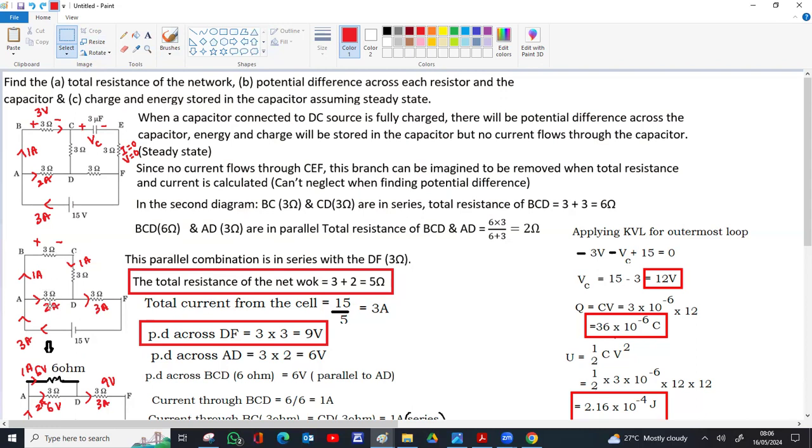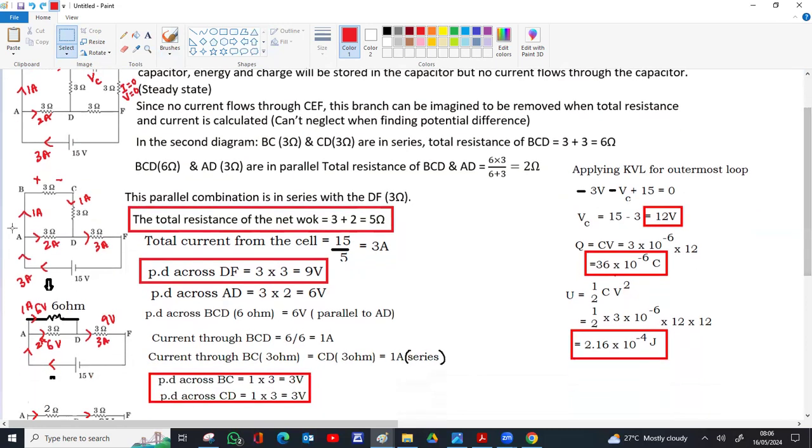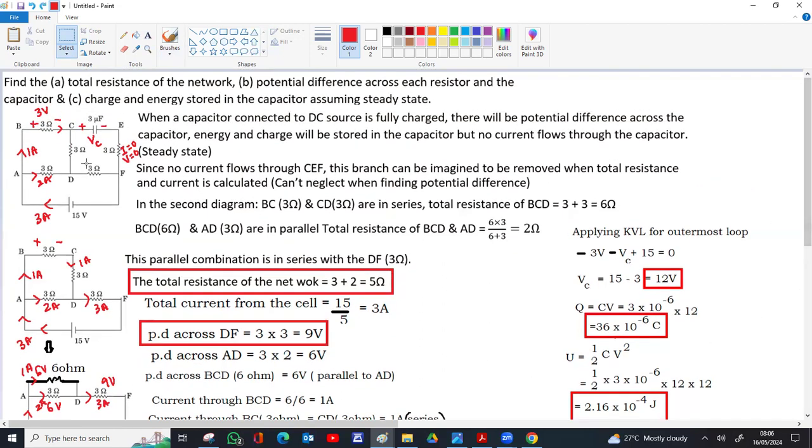Otherwise, you have to use Kirchhoff's voltage rule and junction rule to find the current and voltage across each device. After finding them, you come back to the normal setup where the capacitor is present. Then apply Kirchhoff's voltage rule through any one loop which involves the capacitor. Any one loop will work. Using that, you can find the voltage across the capacitor.